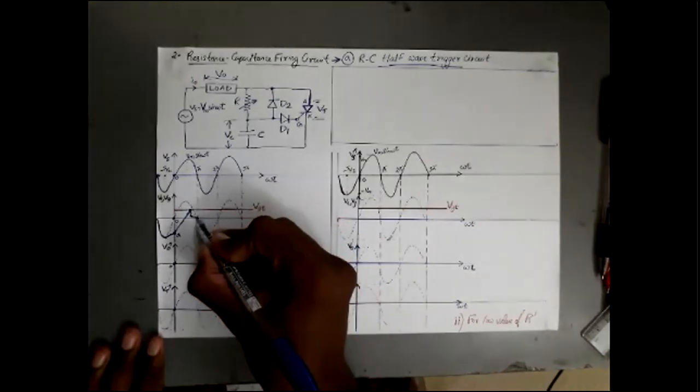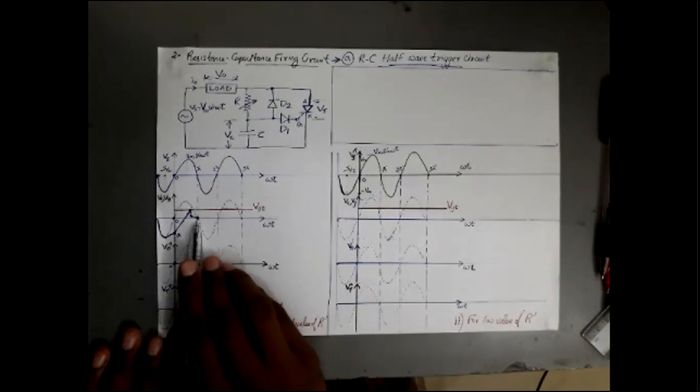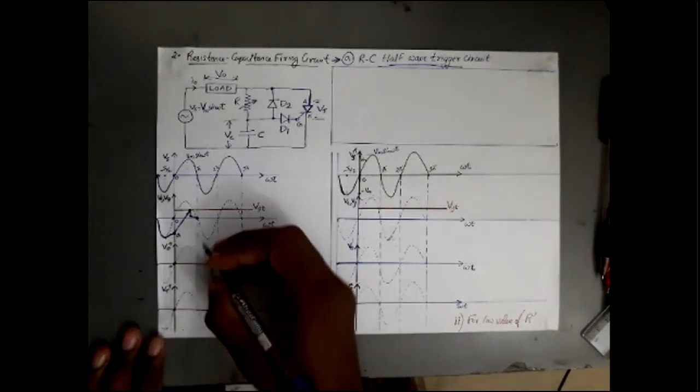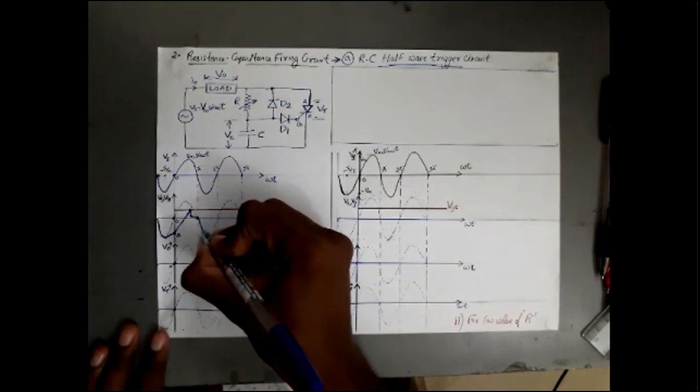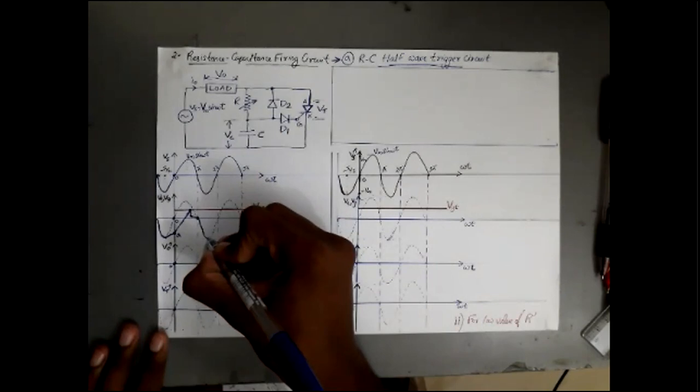At omega t equal to pi, my Vc has become 0. Then due to the negative voltage, my Vc starts charging up to minus Vm.